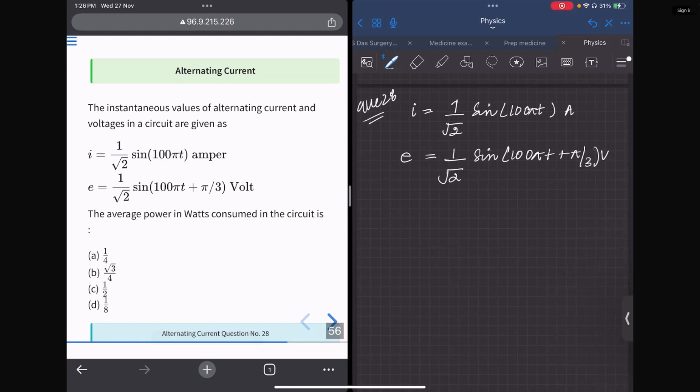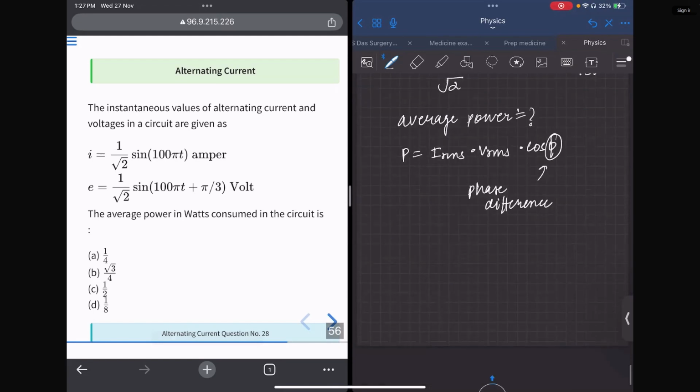Okay. So we have to calculate the average power which is consumed in the circuit. So average power is P equal to IRMS into VRMS into cos phi, where phi is the phase difference.